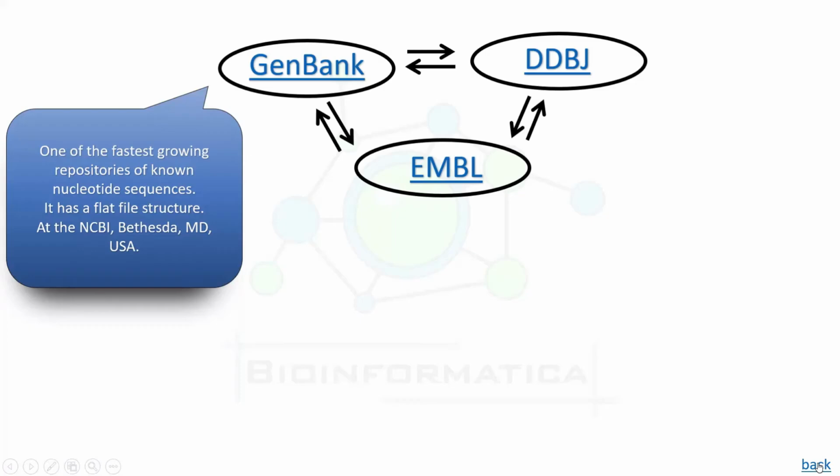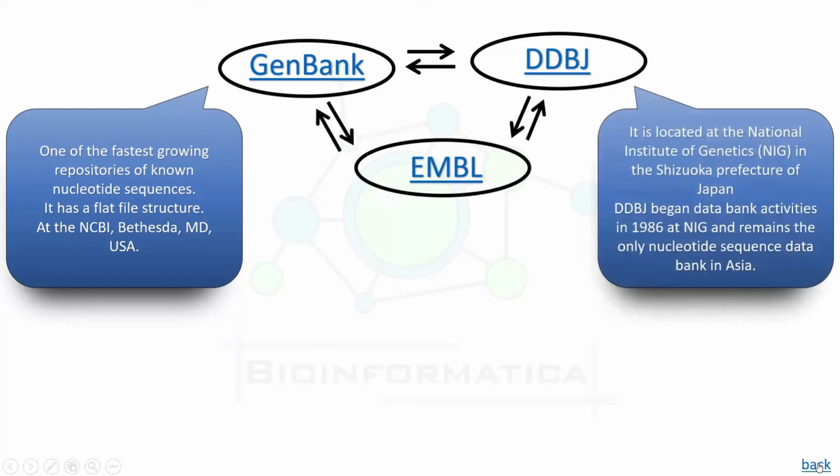The next nucleotide sequence database is DDBJ, or DNA Data Bank of Japan. It is located at the National Institute of Genetics (NIG) in Japan. It began data bank activities in 1986 at NIG and remains the only nucleotide sequence data bank in Asia.